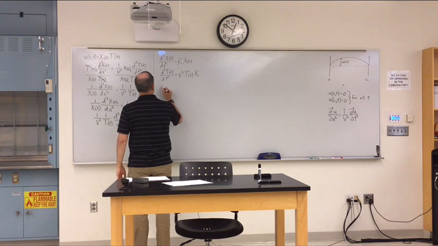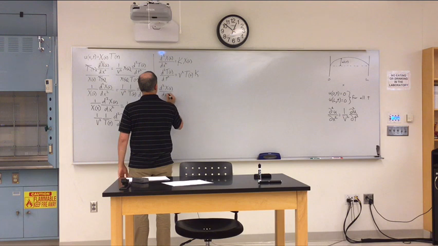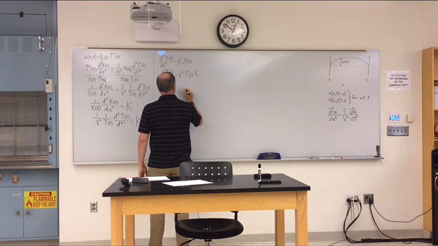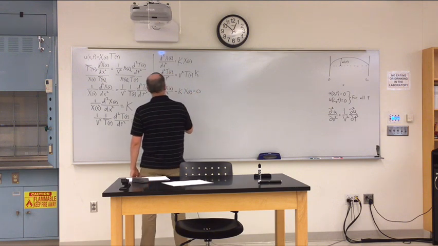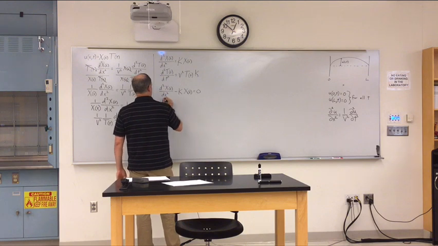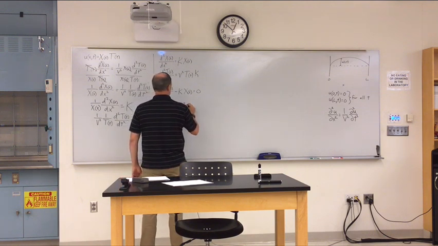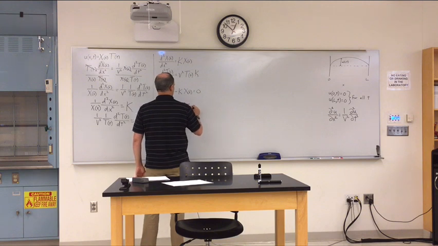That gives me d squared X of x over dx squared minus k X of x equals 0, and d squared T over dt squared minus v squared k T of t equals 0.